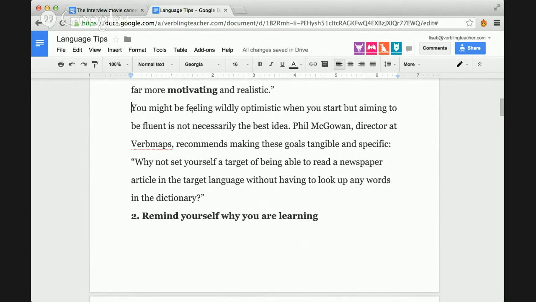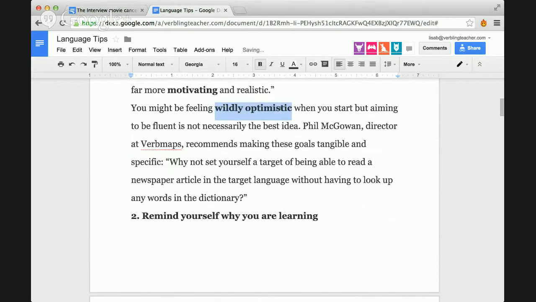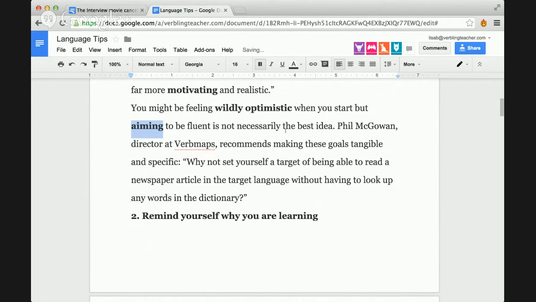All right, so you might be feeling wildly optimistic. Wildly means like very crazy optimistic, like you think you're going to be able to be fluent in one month or something. But it's not usually the best idea to aim for that, to aim for fluency in a very short time. To aim for something means to make that your goal.